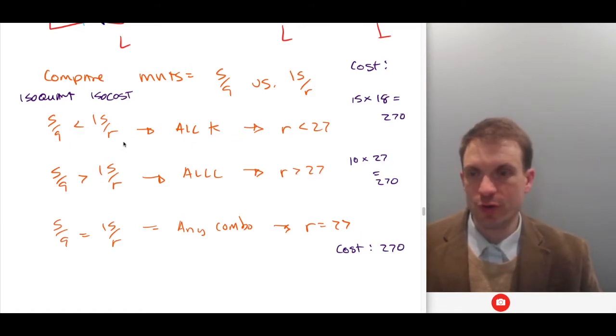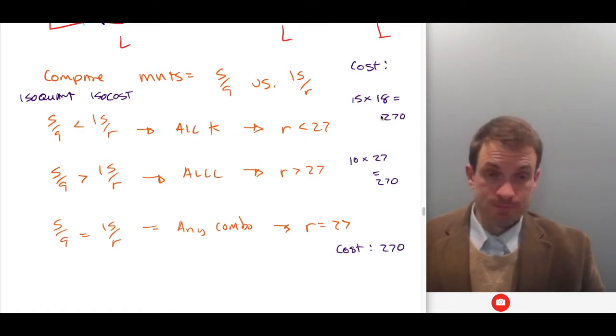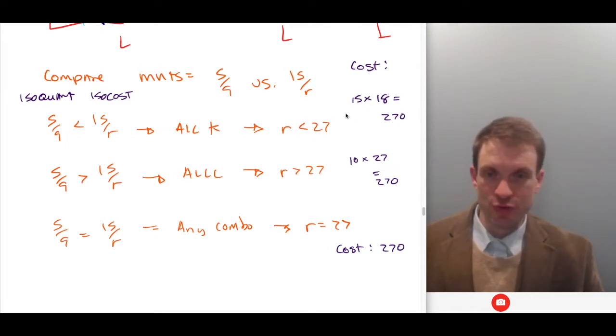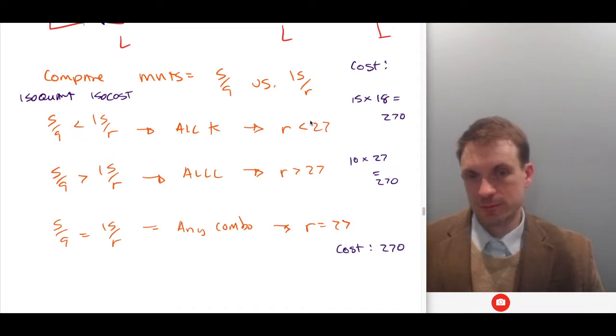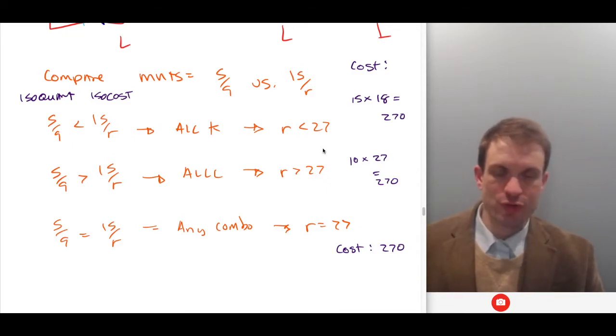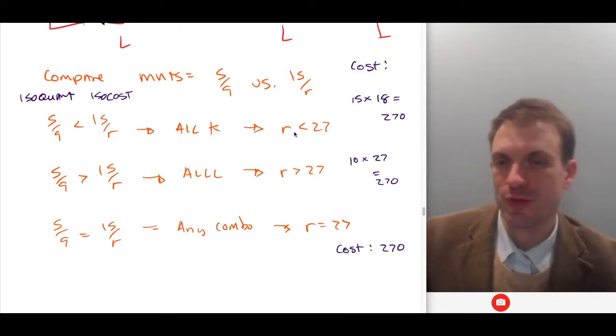All right, so in terms of the corresponding costs, if we are using only capital and R is less than 27, I think I actually got these switched. This would correspond to the amount of capital we would need.